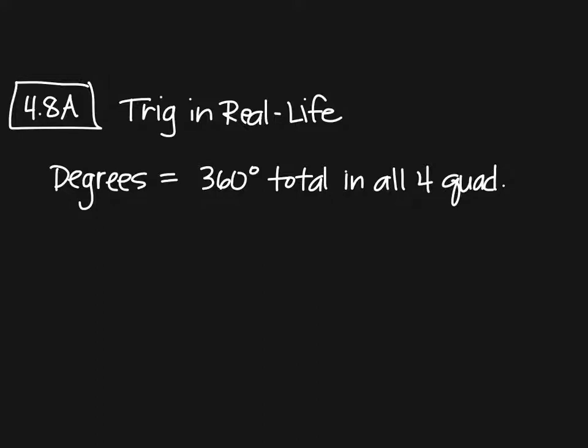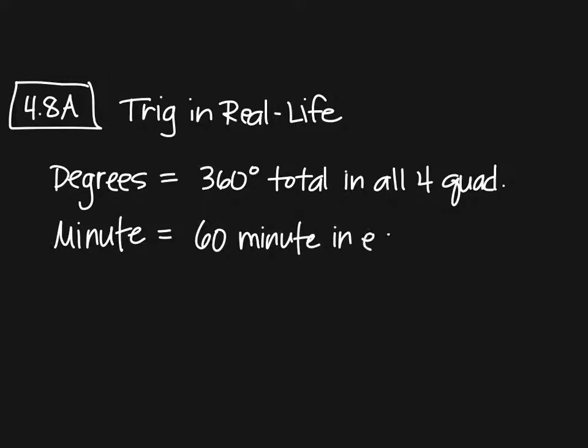We do the same thing with degrees. Degrees, there's 360 all the way around. But if you want to pinpoint something smaller, you can go down to what's called a minute. Every degree has 60 minutes in it. So there are 60 minutes in each degree. Now, if I asked you to draw 1 degree, it would be very, very small.